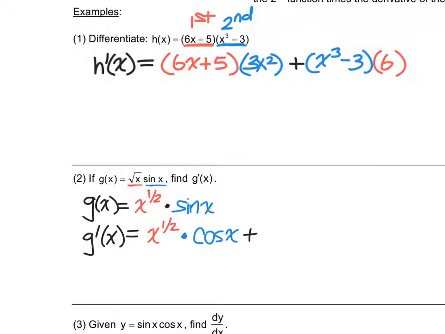Plus, I leave the second function just the way it was originally, multiply by the derivative of the first function, which would be what? 1/2 x to the negative 1/2.